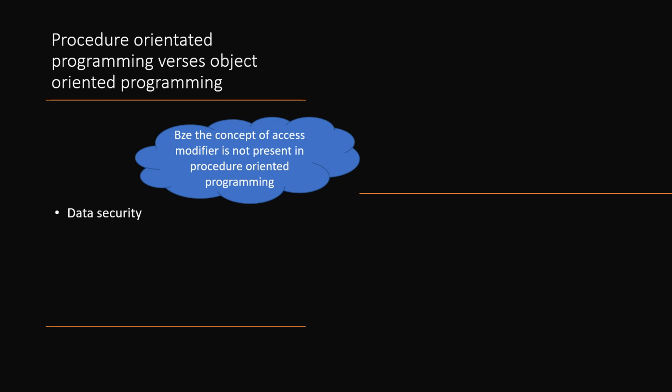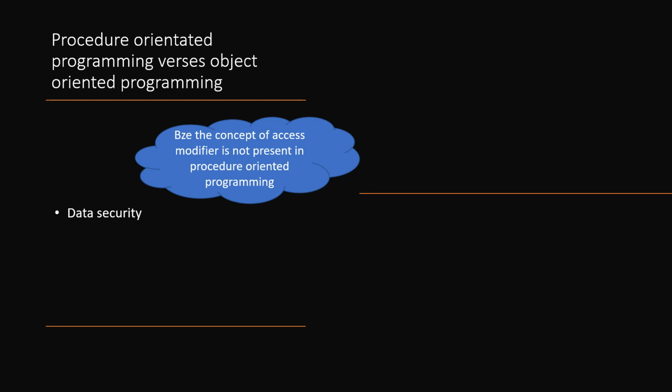Whereas in object oriented programming like Java and Python, there is a concept called access modifier, where we declare the variables and methods as private, public, or protected, and by declaring this we achieve data security. When I make it public, it is accessible to everyone. When I make it private, it is accessible within the same class, and other classes cannot access it.